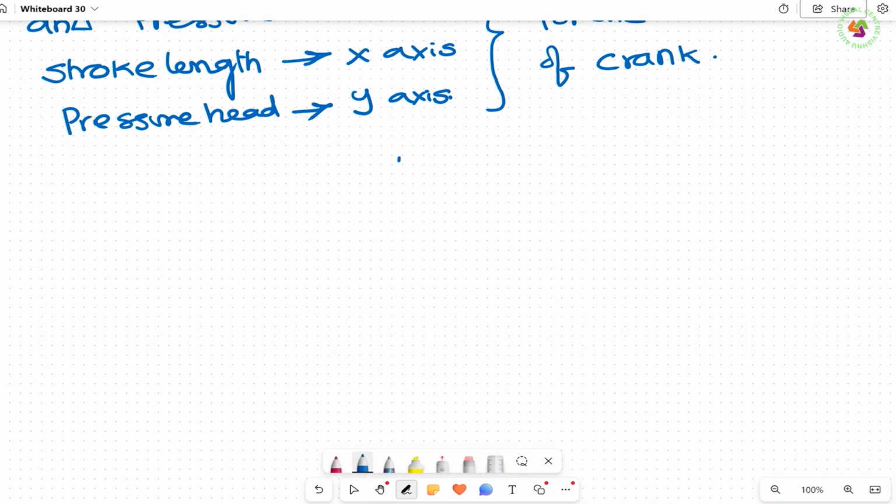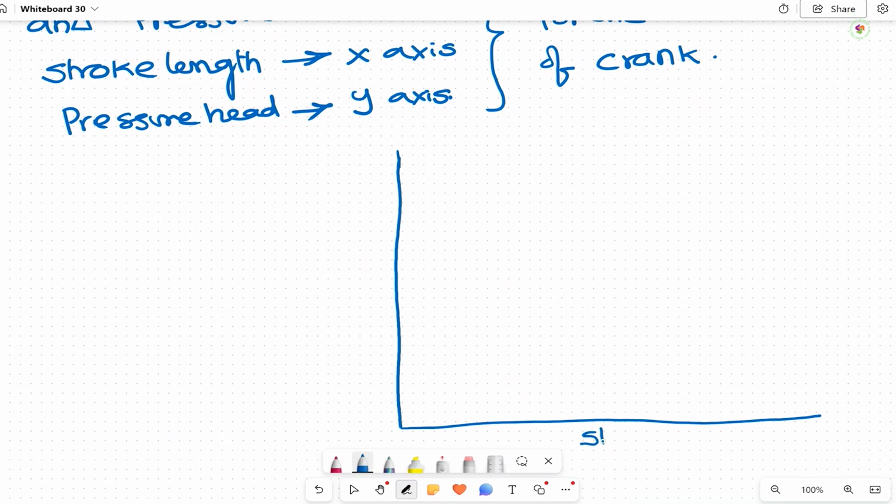So this is the graph I am trying to put. The x-axis is stroke length and the y-axis is pressure head. You know that in a reciprocating pump, the suction head is negative, that is, less than atmospheric pressure.